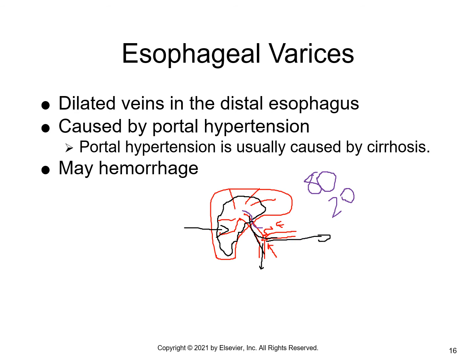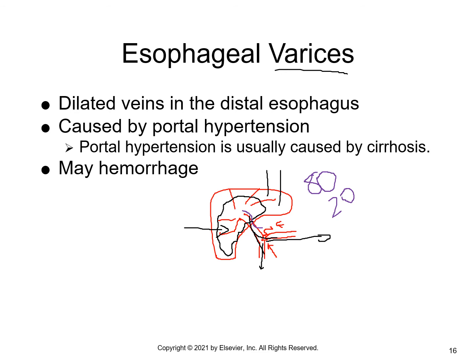And it is going to back up into the esophagus because the esophagus is not going to be able to deposit its blood in the IVC directly anymore because of its location to the liver. The liver gets hard, it disrupts the blood flow of the esophagus into the liver, and then those esophageal veins begin to dilate and get distended, hence causing varices.